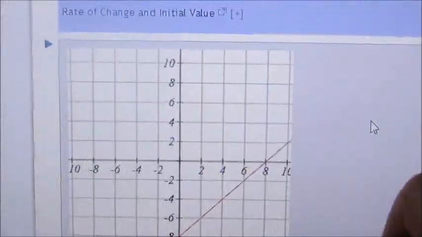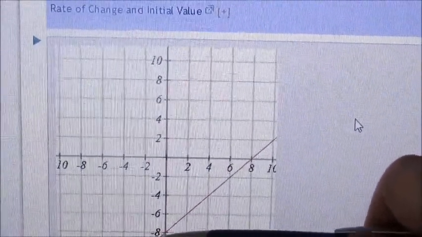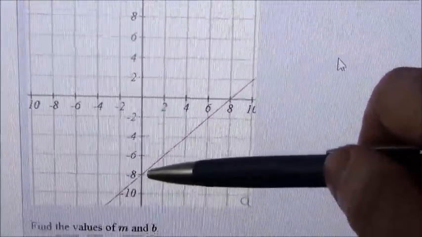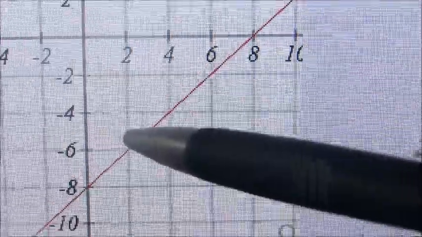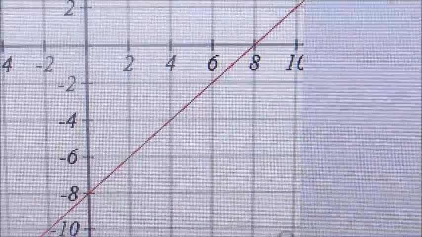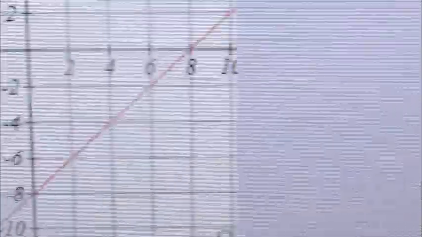So first, we're going to count how many it goes up. It goes up from -8 to -6, so that's 2, and it went over 2. So 2 divided by 2, that equals 1.